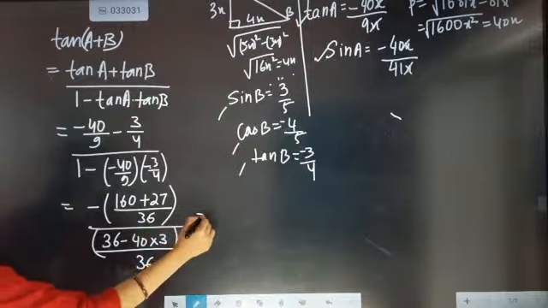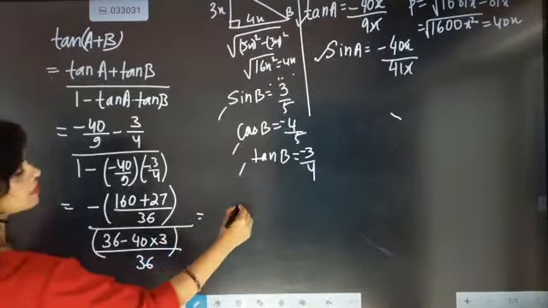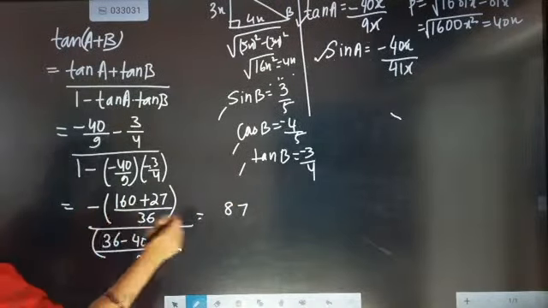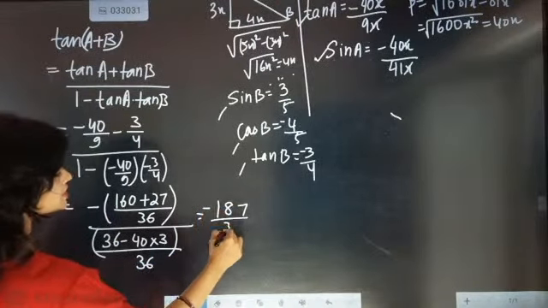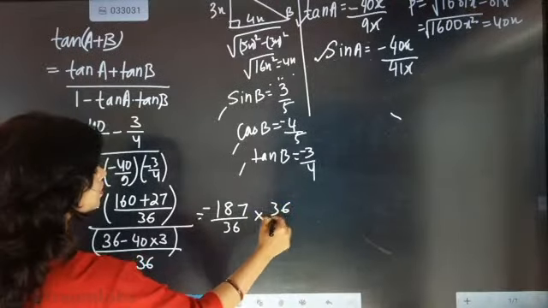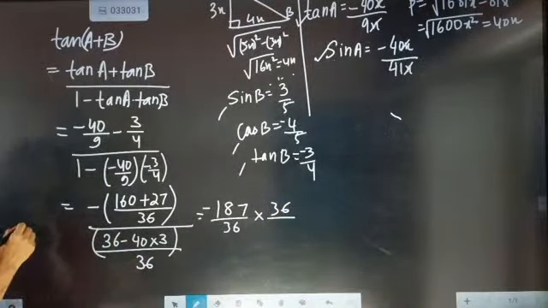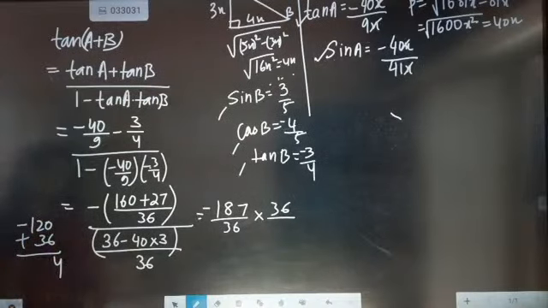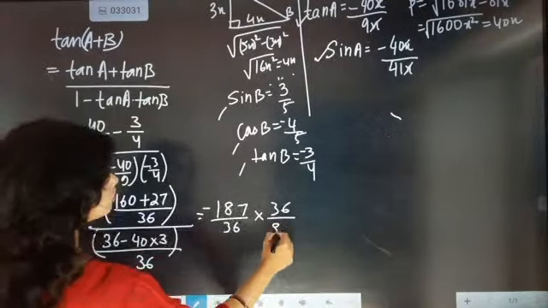So now this will become 187 by 36. Now this 36 will go up. Here it will become minus 120 plus 36, so it is coming as 84.